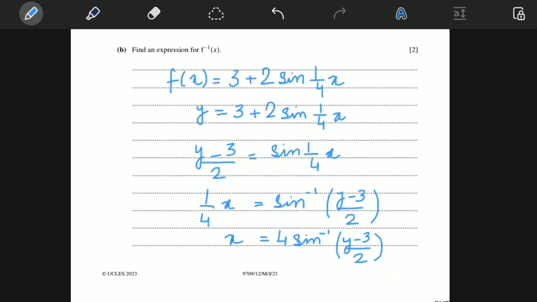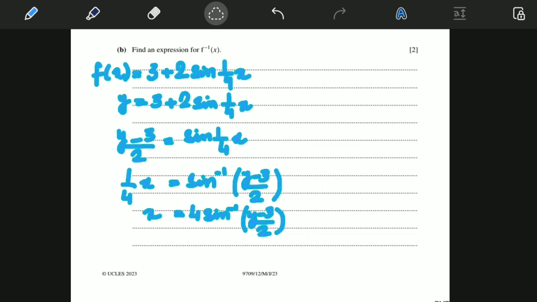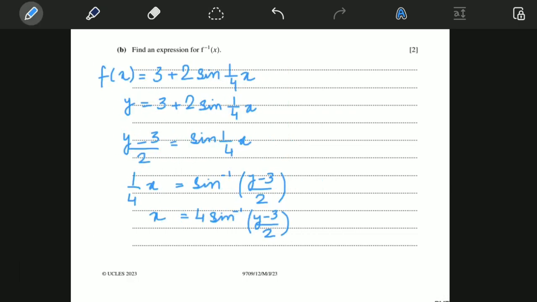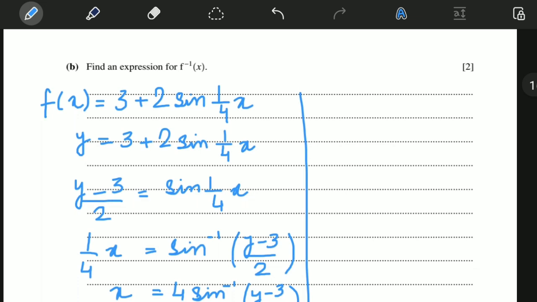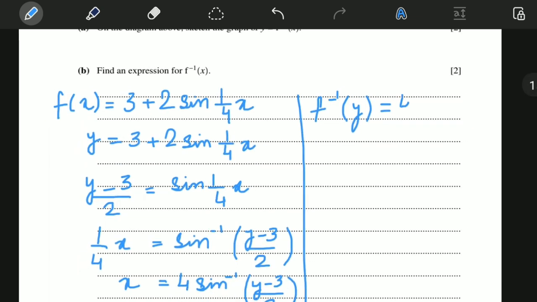Then x will be f inverse of y. We put x equals f inverse of y, and this will give you 4 sine inverse of y minus 3 over 2.